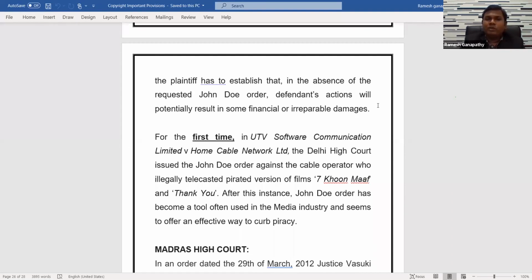These two movies were telecast by a cable operator, and the Delhi High Court issued a John Doe order to stop them. After this instance, the John Doe order has become a tool often used in the media industry and seems to offer an effective way to curb piracy.